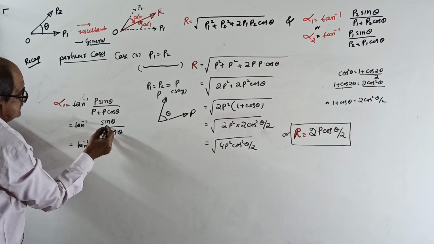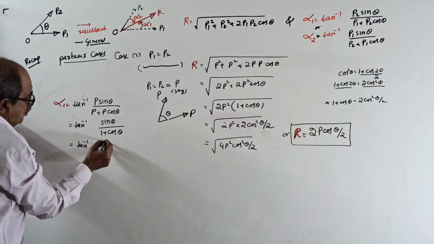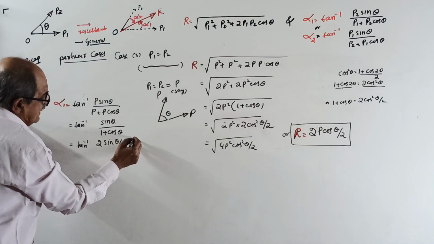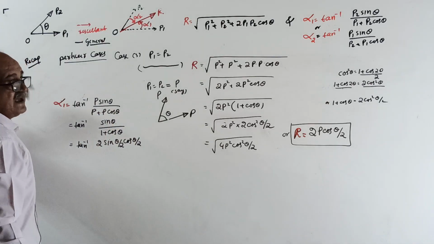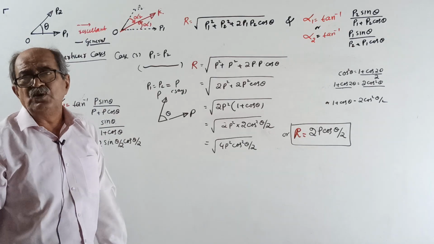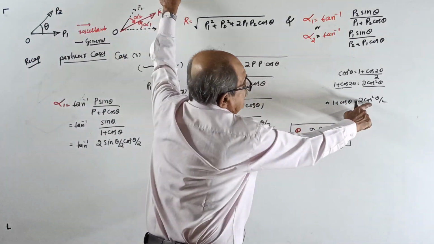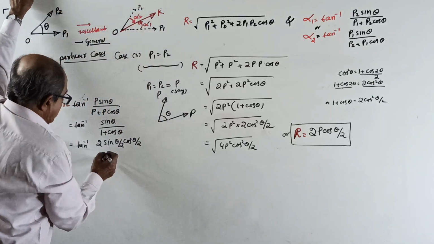equals tan inverse of 2 sin theta by 2 into cos theta by 2, since sin theta equals 2 sin theta by 2 cos theta by 2, and 1 plus cos theta, as I just told you, is 2 cos square theta by 2.